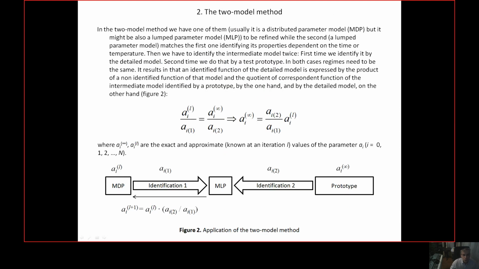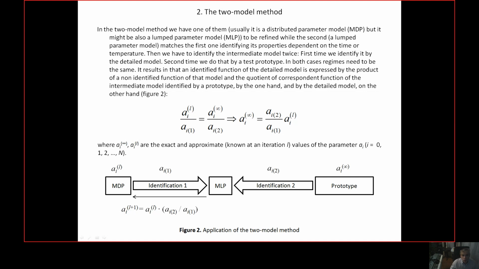In the two-model method, we have one of them. It's usually a distributed parameter model, but it might also be a lumped parameter model to be refined, while the second, a lumped parameter model, matches the first one, identifying its properties dependent on the time or temperature.